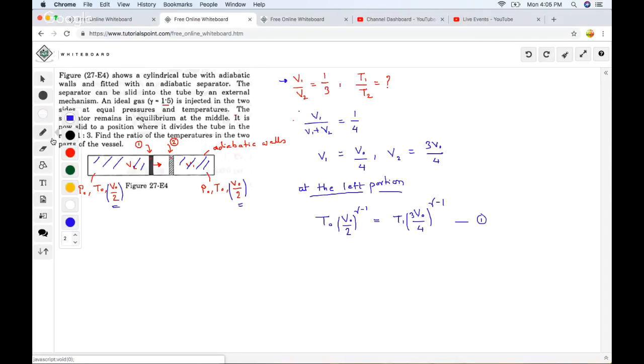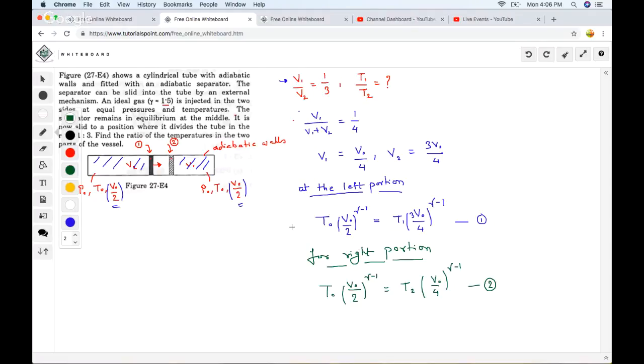For the right portion, I can write T naught (V naught by 2) to the power gamma minus 1, using the temperature and volume initially, equal to T2 into (V naught by 4) to the power gamma minus 1. This is equation number 2.